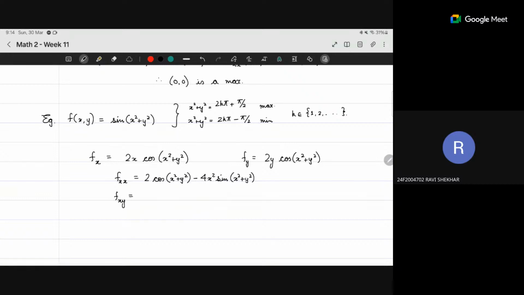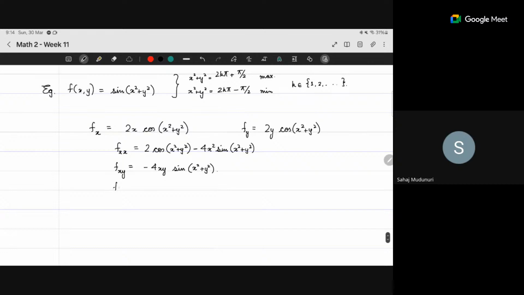This is minus 4xy. When I'm differentiating this again with respect to x, I'll have to use the product rule: 2x into 2x, so there's a plus, and cos becomes minus sine.